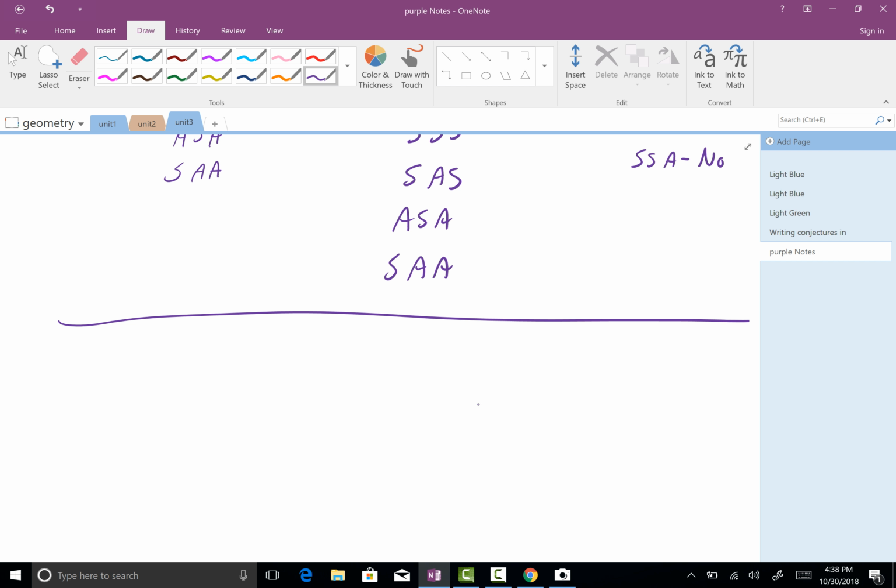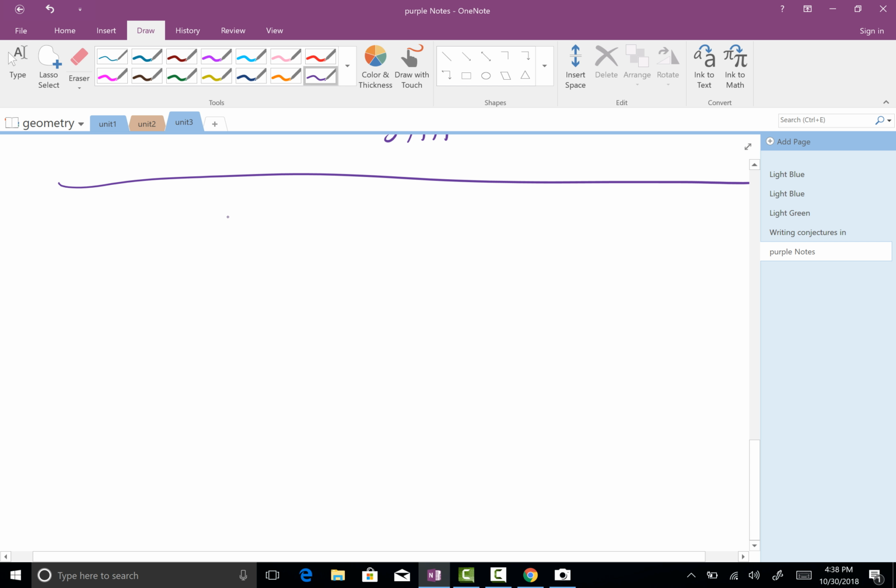Here's some of the problems that we're going to be looking for. The question is going to be, are these triangles congruent?